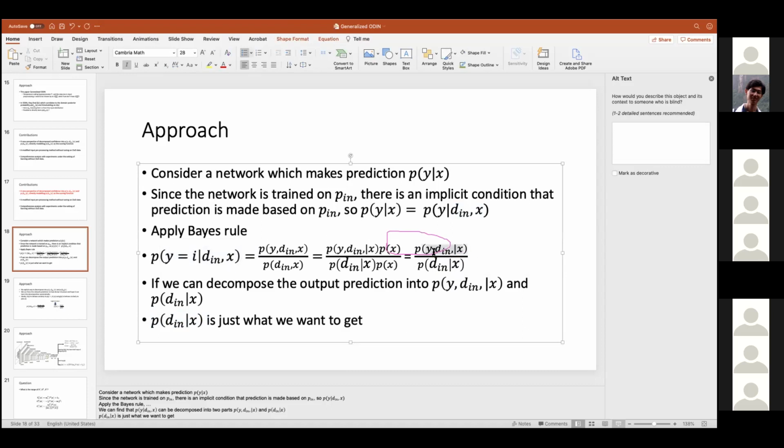Then this will become: given an x, what is the probability that it belongs to in-distribution data, and also falls in the category of i, its class is i. The denominator is without considering the class. The event of D_in means that x belongs to in-distribution data.